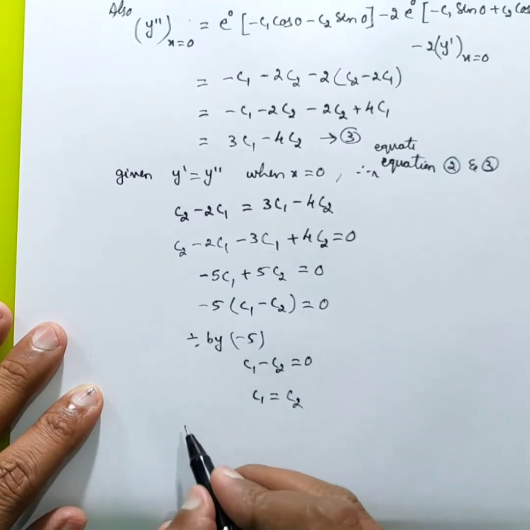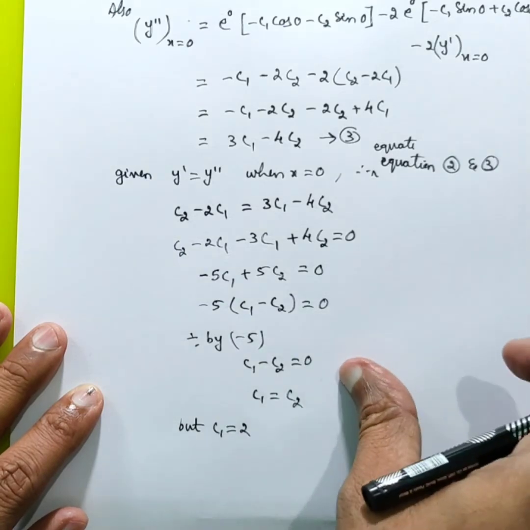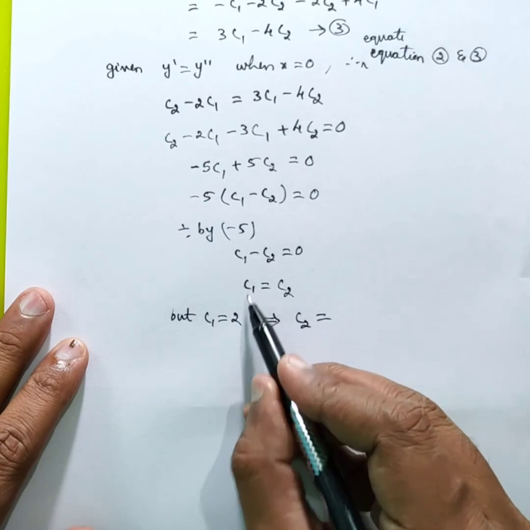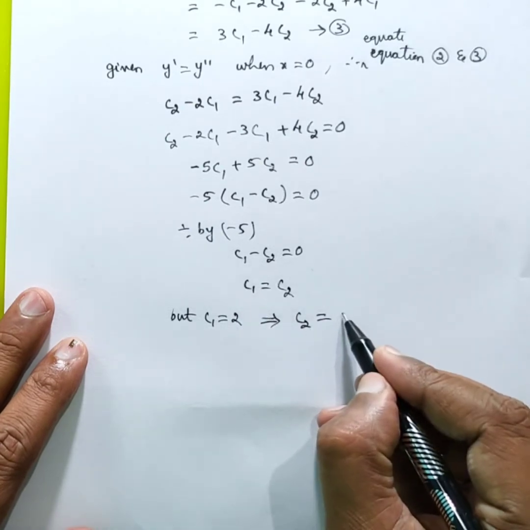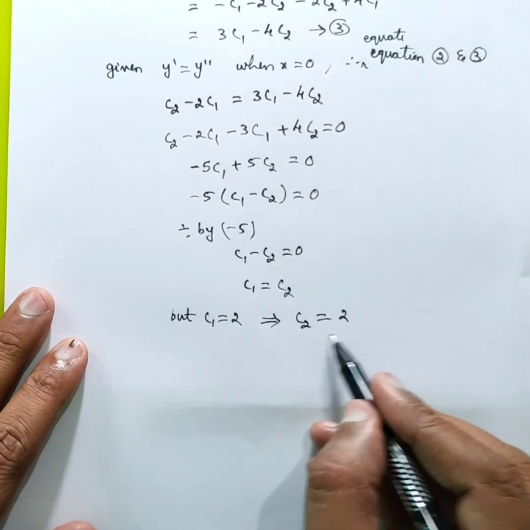But what is the value of c1? We have got c1 as 2. If I plug in this value here, c2 is c1, so c2 will also become 2 itself. So we have got c1 and c2 both equal to 2.